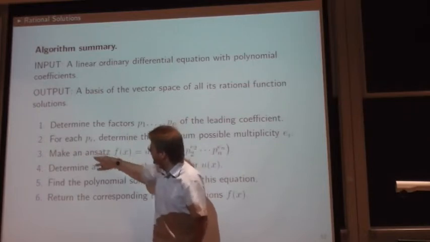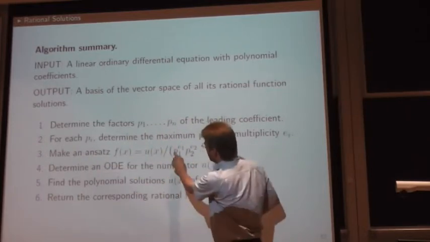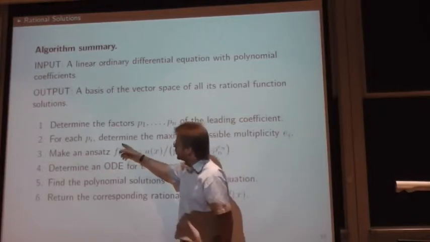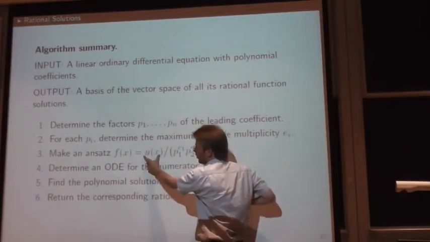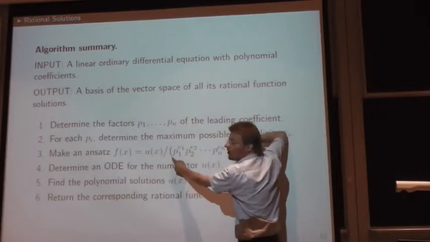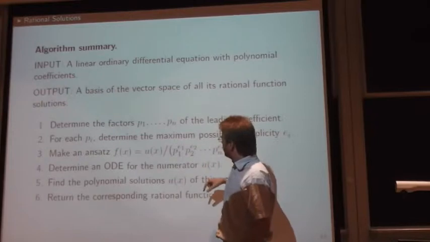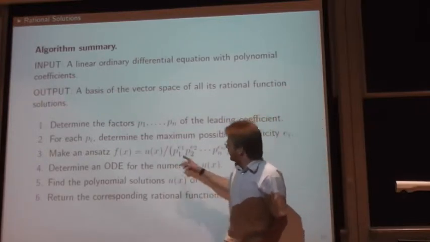Now you make an ansatz by saying, okay, I still don't know what it is, but I know parts of it. So you know the p's at this point of the algorithm. So you say, okay, I'm searching for a rational function solution which has this form: an unknown numerator, and then a denominator which I know very well, which I know explicitly. So you guess, educatedly, that it has this particular form. But there's still something to be found. So the U has to be found.